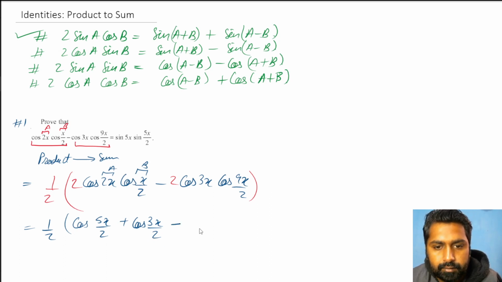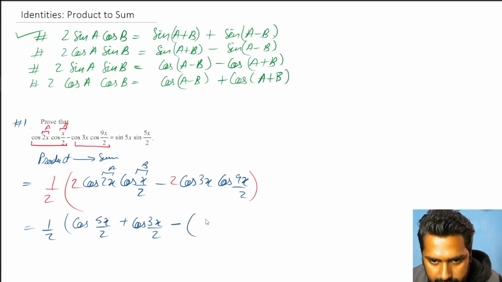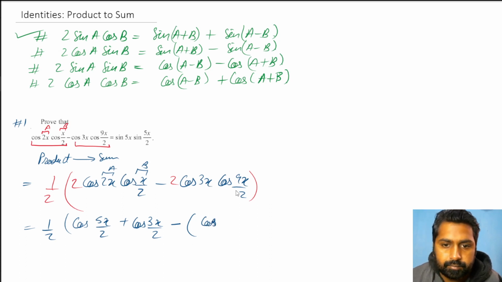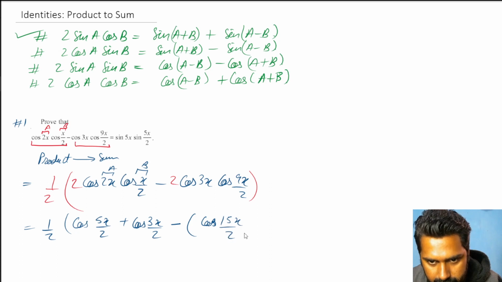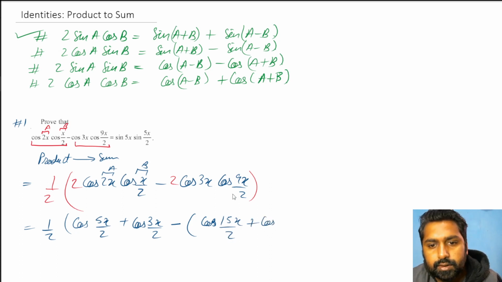Minus, again same thing, cos, first add them. So 9, 3 to 6, 6 plus 9 is 15x by 2, plus subtract cos, 6 minus 9 is minus 3x by 2.